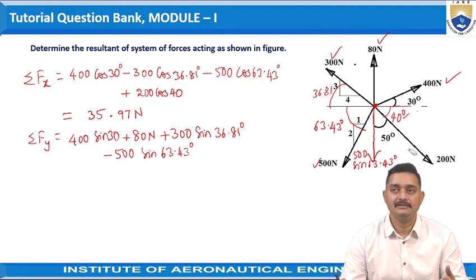Then again, the final force, that is the 200 Newton force. So we can take the vertical component as coming downwards, and the force would be 200 sine 40.